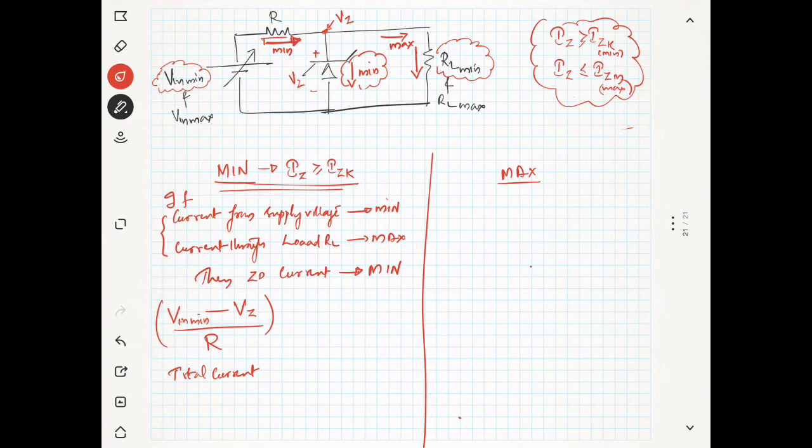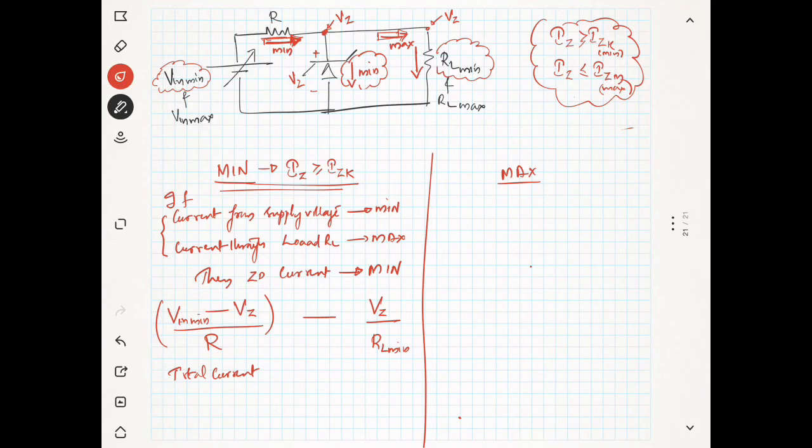The current will be maximum when the resistance is minimum, but you know the voltage is Vz, so at this point also the voltage will be Vz. So Vz by RL minimum, that is the current through the load. Now this is the total current which is coming from here, and some current is leaving to the load, so you just need to subtract this.